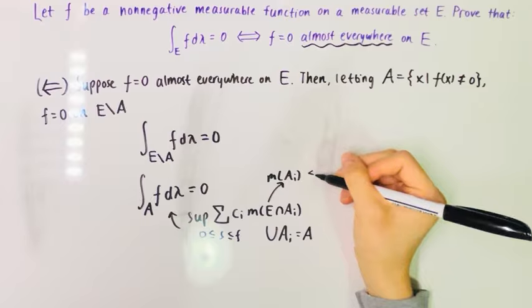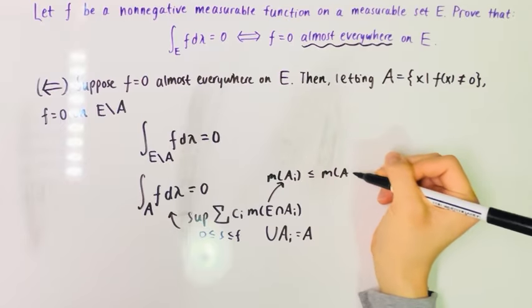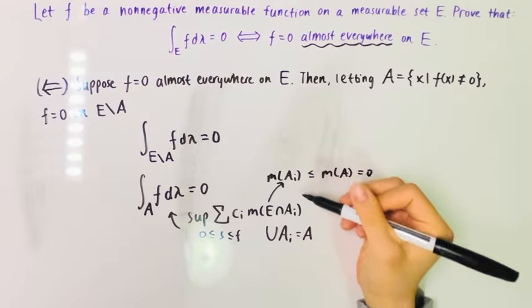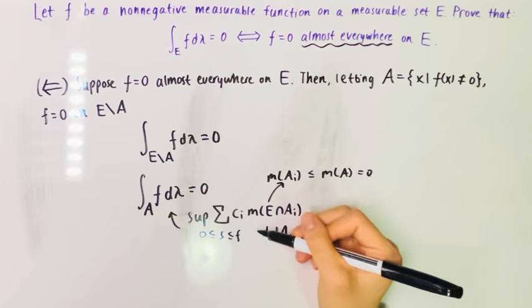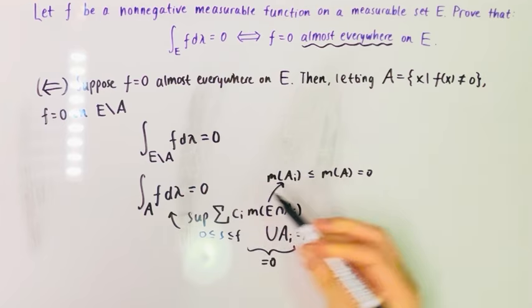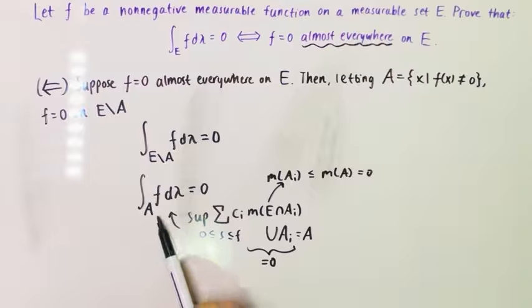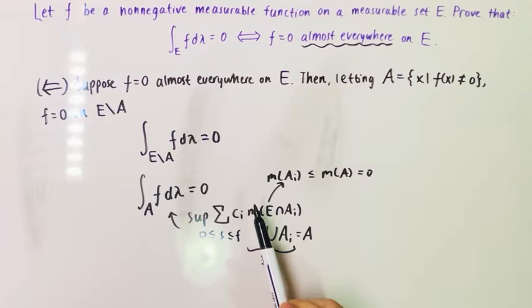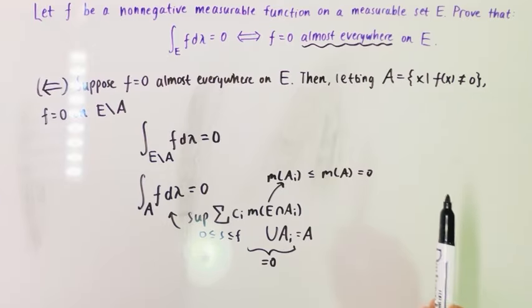And since the measure of A_i is less than or equal to the measure of A, which is equal to 0, and measure is non-negative, we know that each of these A_i's has measure 0. So the Lebesgue integral of f over A is 0.